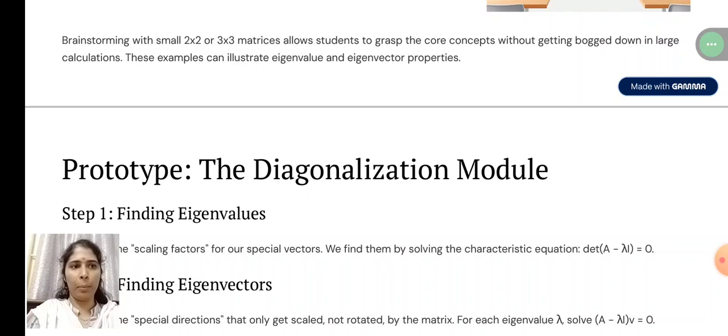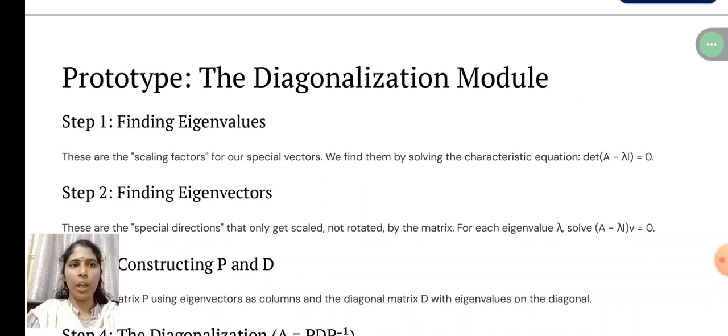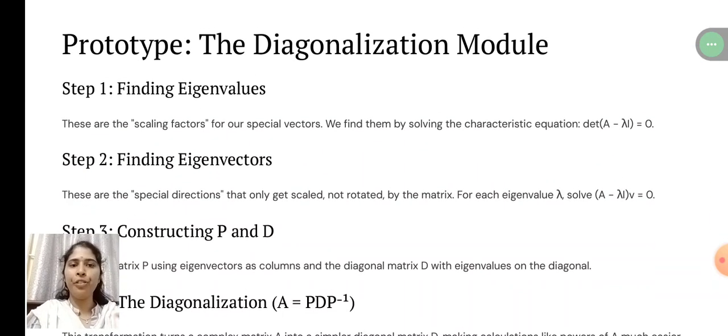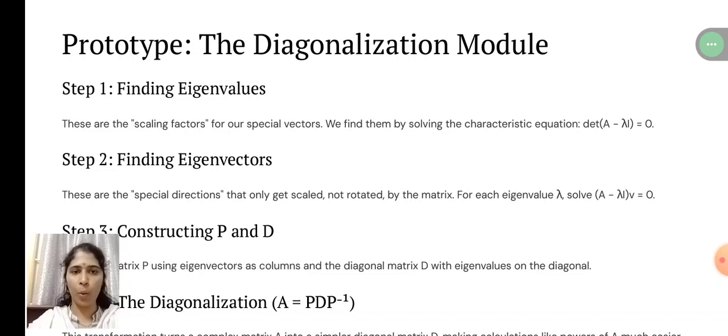Next is prototyping. Prototype the diagonalization modules. First is finding eigenvalues. When we are given a 2 by 2 matrix or 3 by 3 matrix, first let us frame the characteristic equation: determinant of A minus lambda I equal to 0.